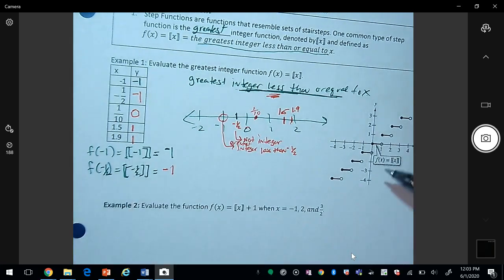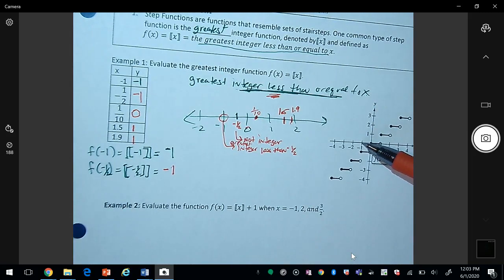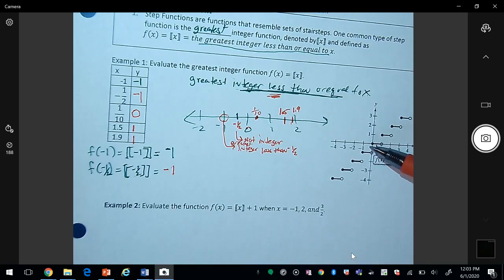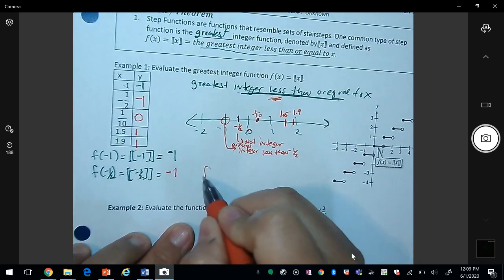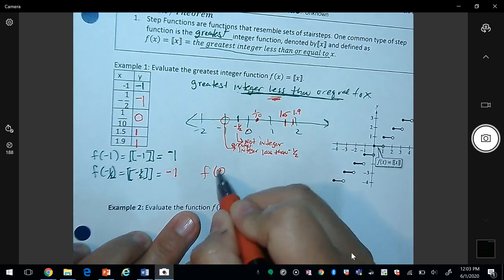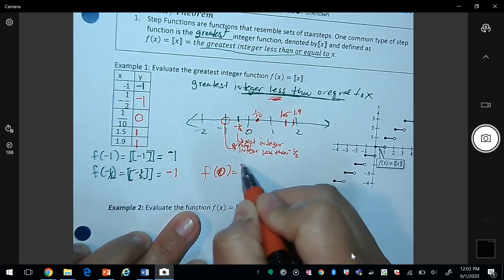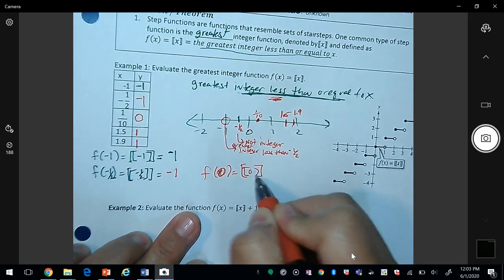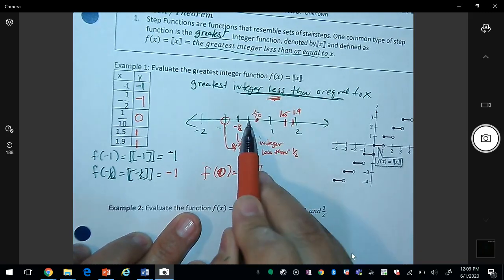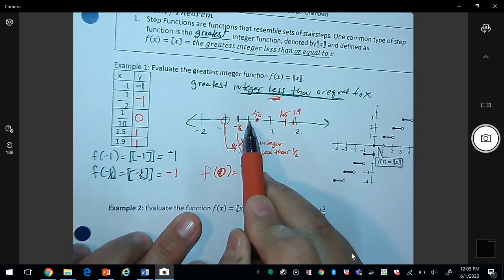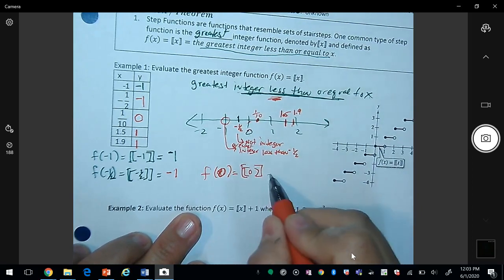So when you graph these, we go from -1, gives us a -1, which is here. -1/2 gives us -1. And if we keep going, we would get to 0. And at 0, let me plug in 0 here. So 0 is right here. The greatest integer less than or equal to that is going to be 0.